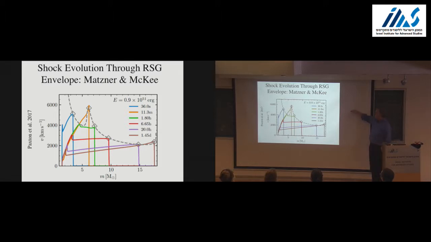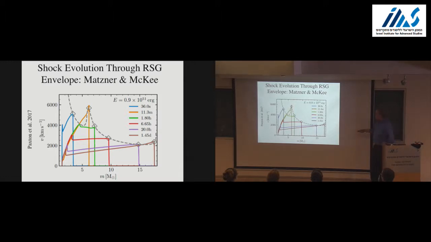What's shown here, at 36 seconds, is the mass coordinate within the star, the velocity of the fluid, and where the shock wave is at 36 seconds. As it progresses, this is the helium shell, this is the hydrogen envelope. You can see as time progresses, the shock wave is moving out. At, let's say, 20 hours, it's not yet at the surface of the star. This is where the shock wave resides, and this is the outward velocity of the fluid.